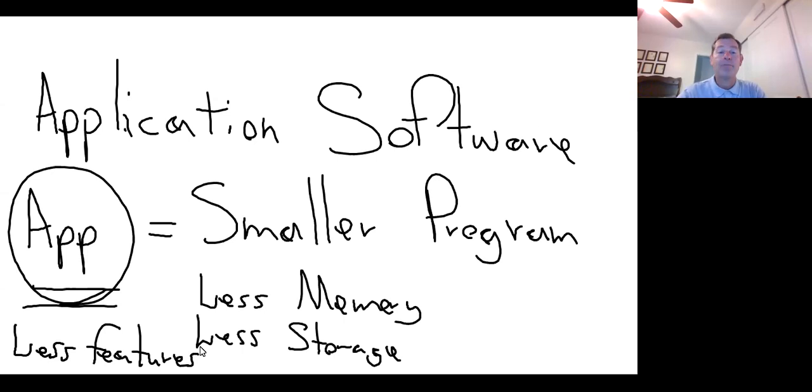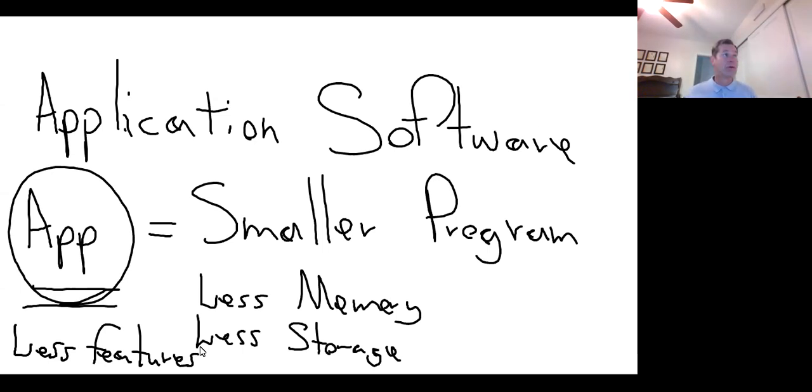But a small program that does a certain amount of functions, like a sports ticker app or a very simple photo editing app, will let you do some very common things very quickly. And typically they have the graphical user interface, and we use the touch screen, etc.